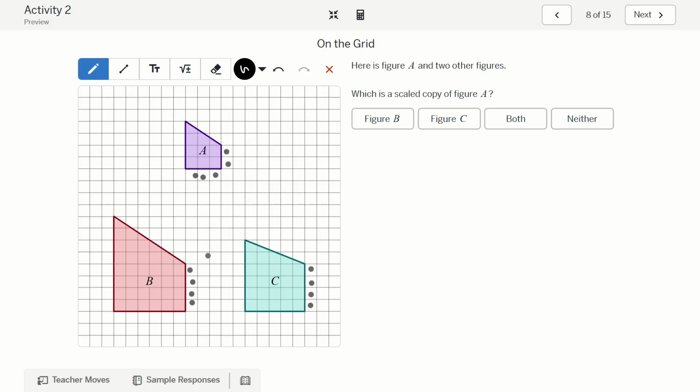If this side was 2 and then it became 4, if this side is 3, what should this bottom part be? So let's see. 1, 2, 3, 4, 5 for C, right? So we automatically can tell C is not a copy, right? Because can 3 become 5? And you guys said this side should be what, ladies and gentlemen? 1, 2, 3, 4, 5, 6. It is 6.